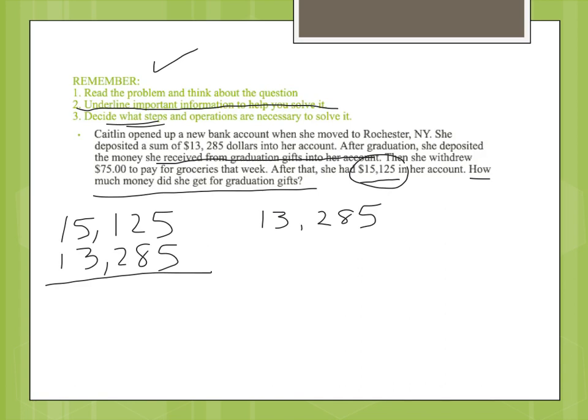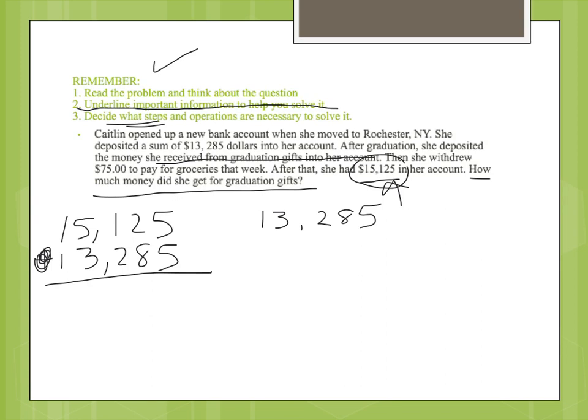So let's go ahead and add those two amounts together. I'm sorry, we're not adding these two amounts together. We're subtracting these two amounts to determine how much money was added. Okay, so I'm sorry if I confused you. We're starting with the larger number, and we're going to subtract the smaller number to determine the difference.